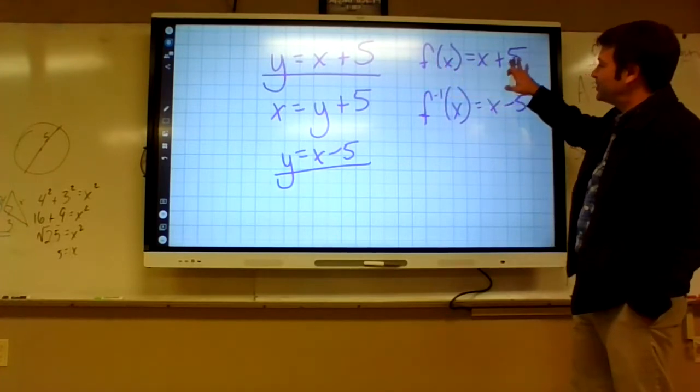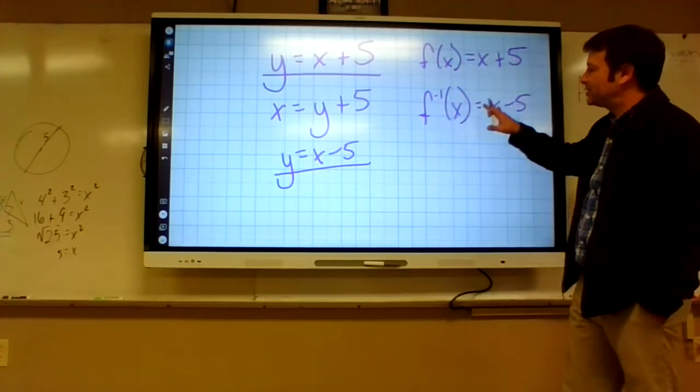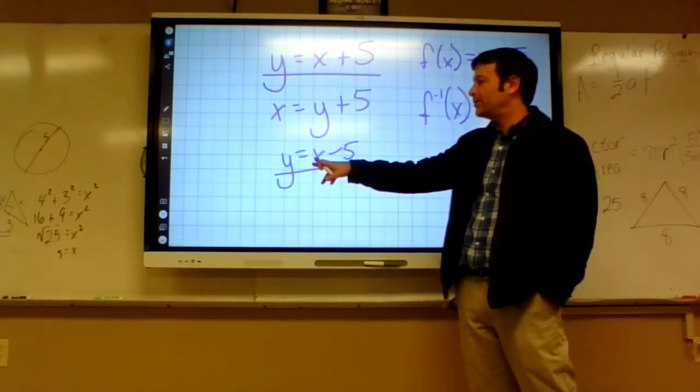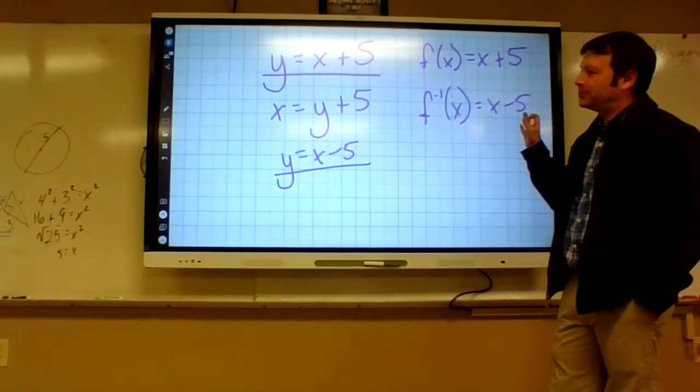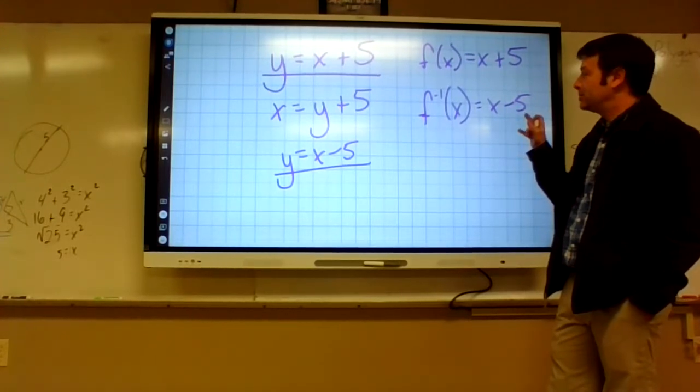Anyway, if this is the original function, this is the inverse function. I got it by switching the x and the y values and solving for y again. We did it in algebra 2, probably about a year ago. And the inverse is like how we flipped it across the xy axis.